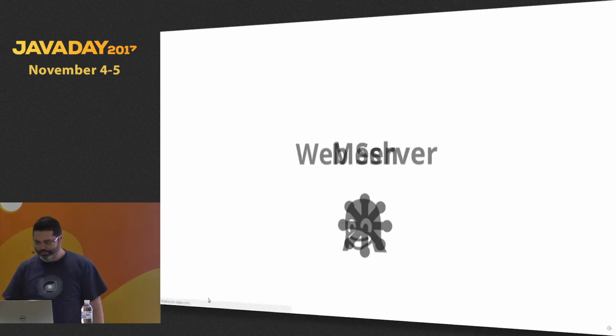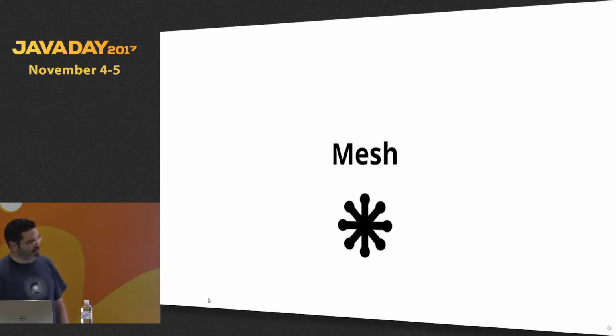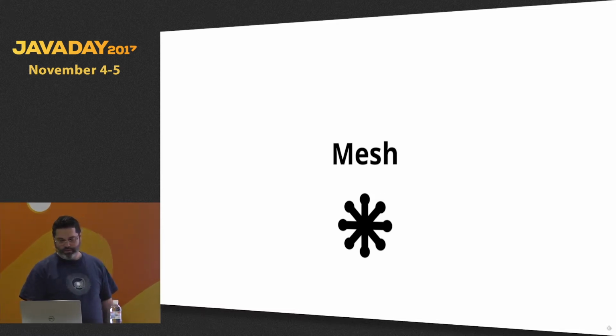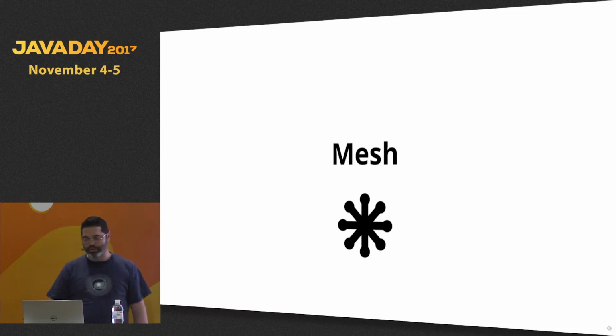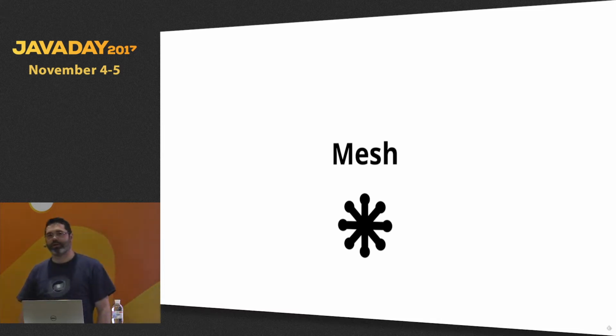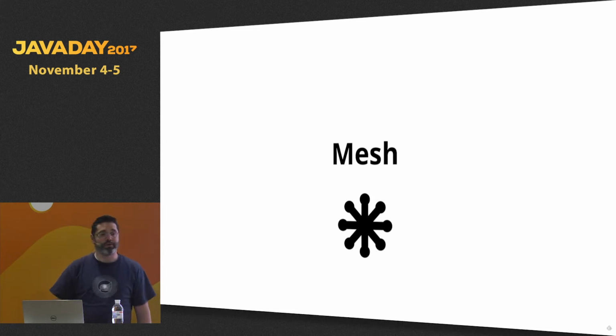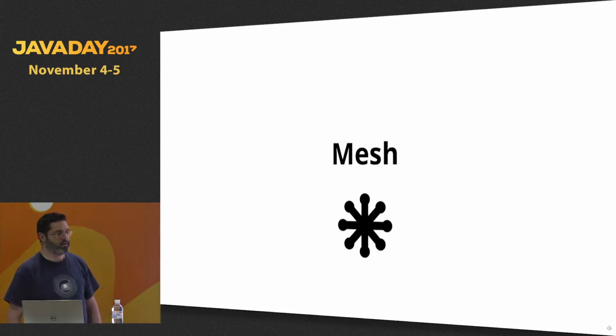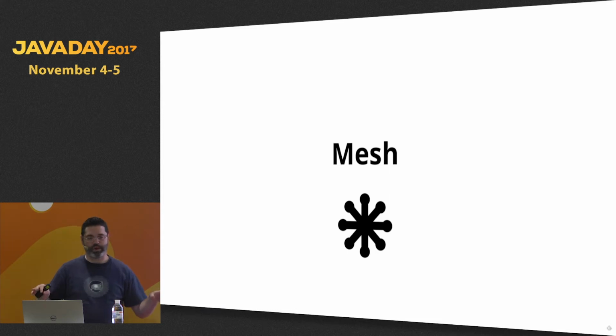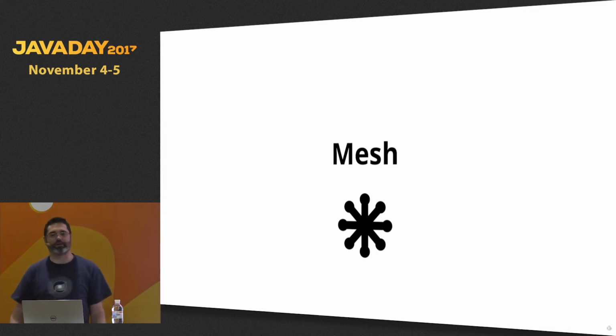There's a new category that I added to this slide, the mesh router. This is products like Linkerd or Envoy from Lyft, and these routing tools sit as sidecars next to your applications.